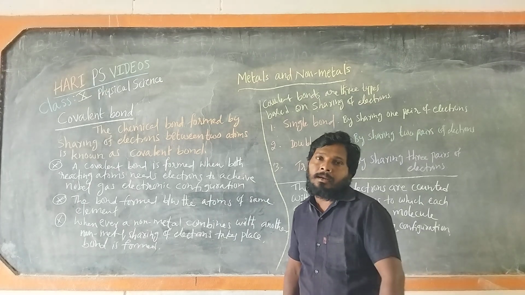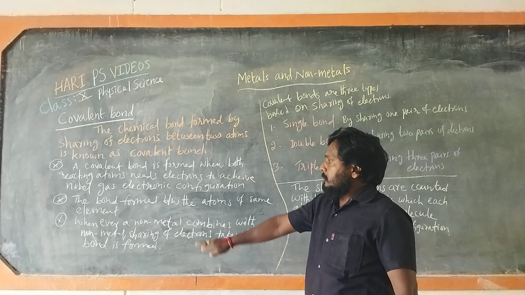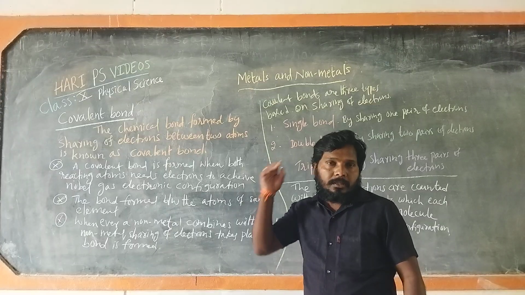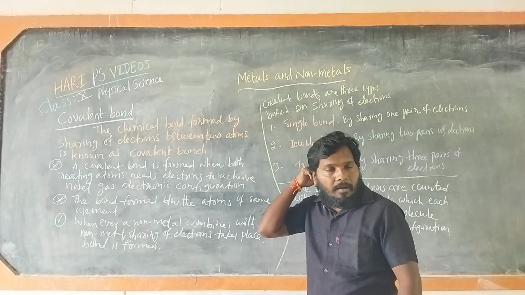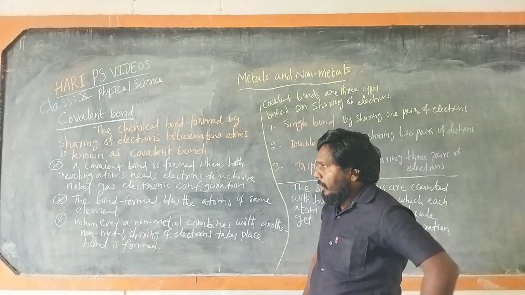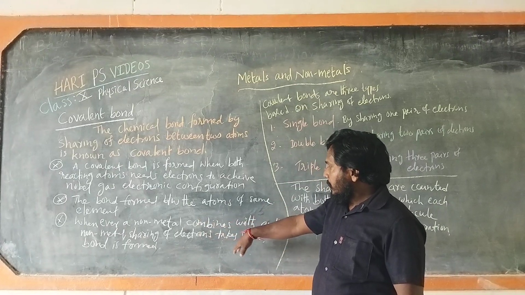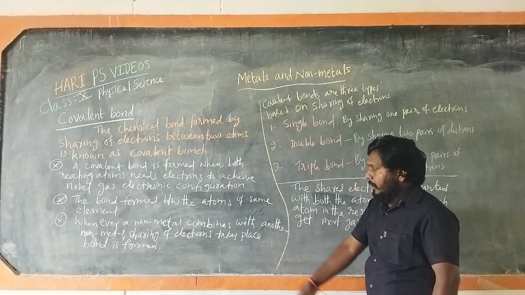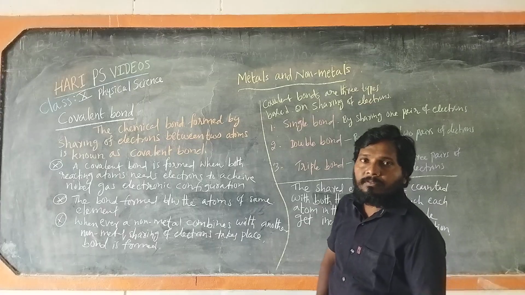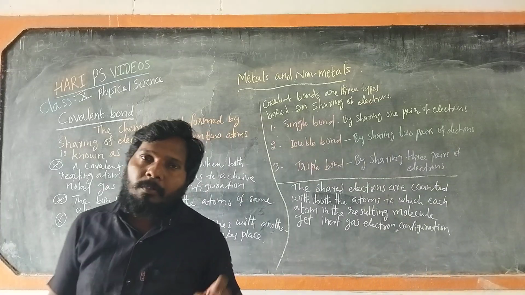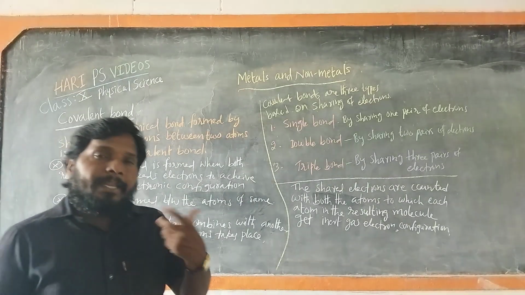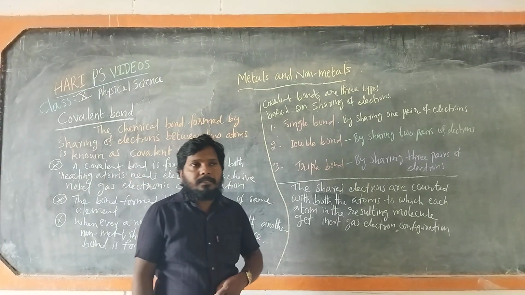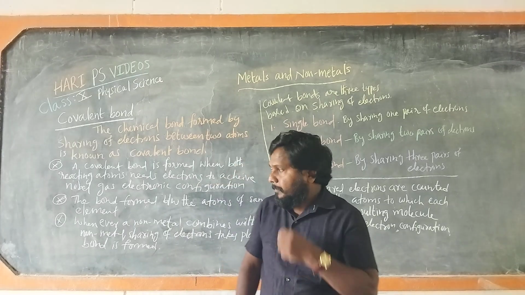and by sharing electrons. The bond is formed between atoms of the same element. Whenever a non-metal combines with another non-metal, sharing of electrons takes place and a bond is formed. A bond formed by the sharing of electrons is called a covalent bond.